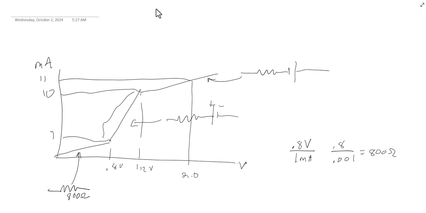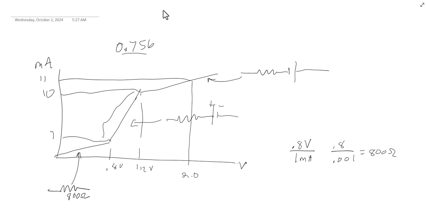Okay, so for our next segment, that's the operating region. So the voltage is going to be 0.756, because that is the forward voltage of a diode.